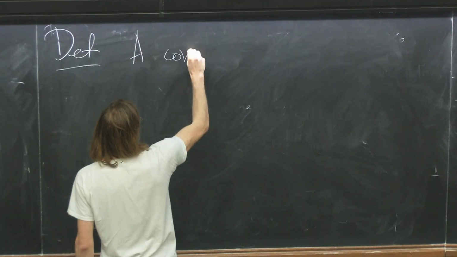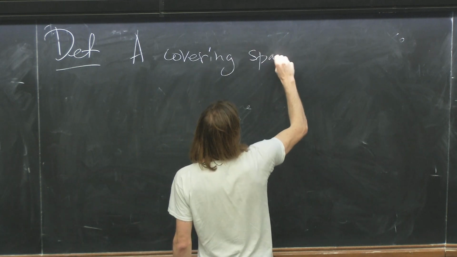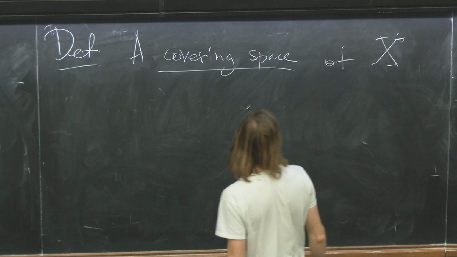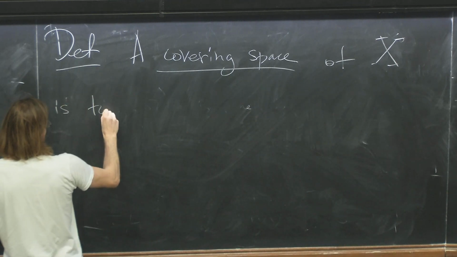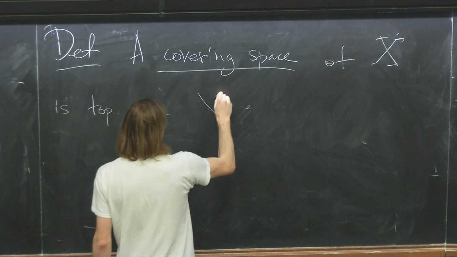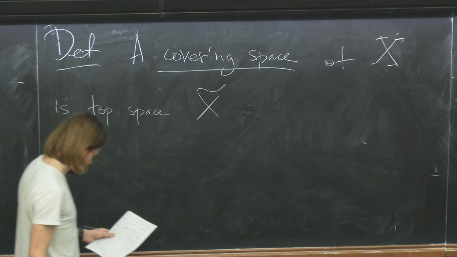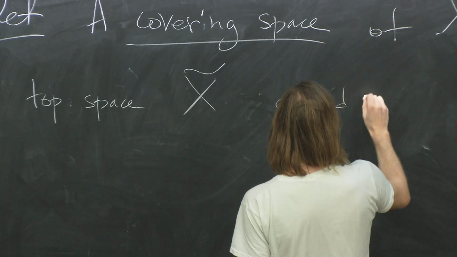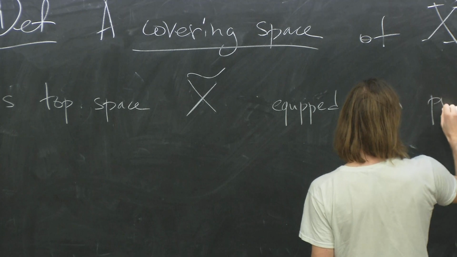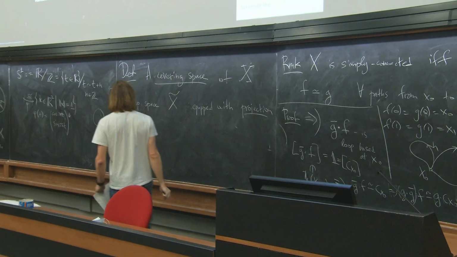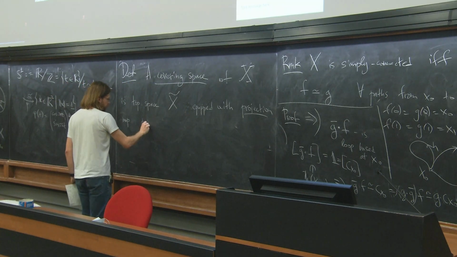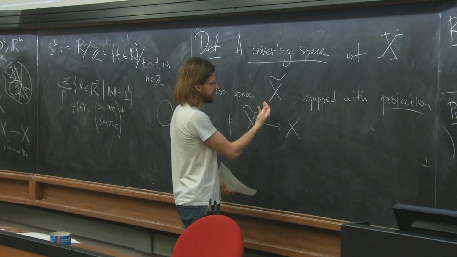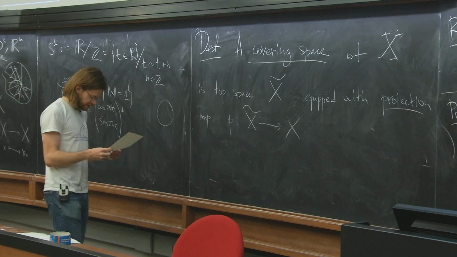It's the definition of a covering space of a topological space X. So a covering is another topological space, denoted X tilde, which is equipped with a projection map P from X tilde to X.